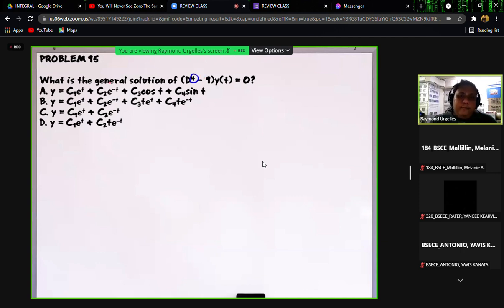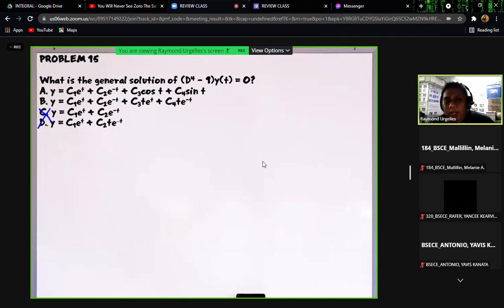So kaya ibig sabihin, alam natin na hindi na pwede maging sagot yung letter C saka letter D. Kasi pag fourth order differential equation, dapat 4 yung makikita natin na constants, diba? Pero dun sa letter C saka letter D, tig-dalawa lang sila, diba? Kaya alam natin na hindi na pwede maging sagot si letter C saka si letter D. So either A and B na lang to.